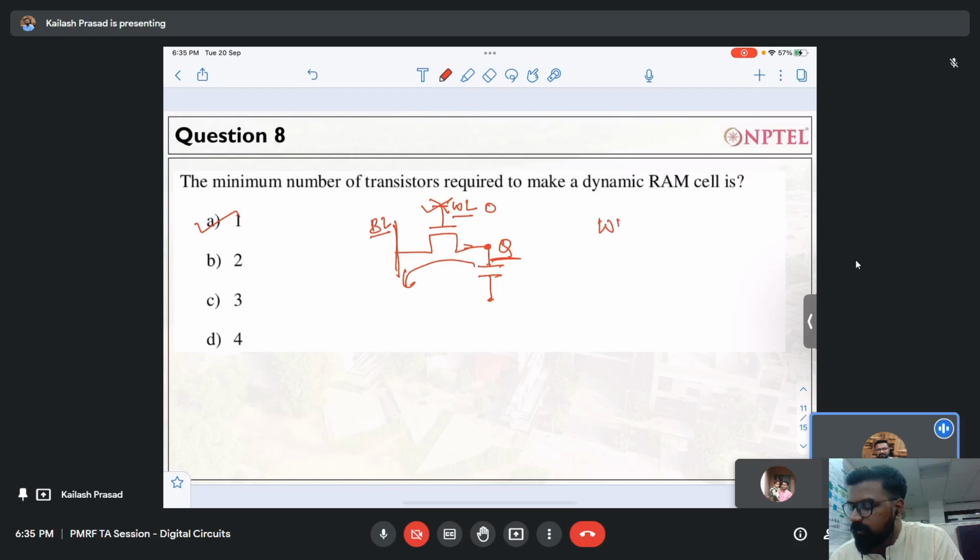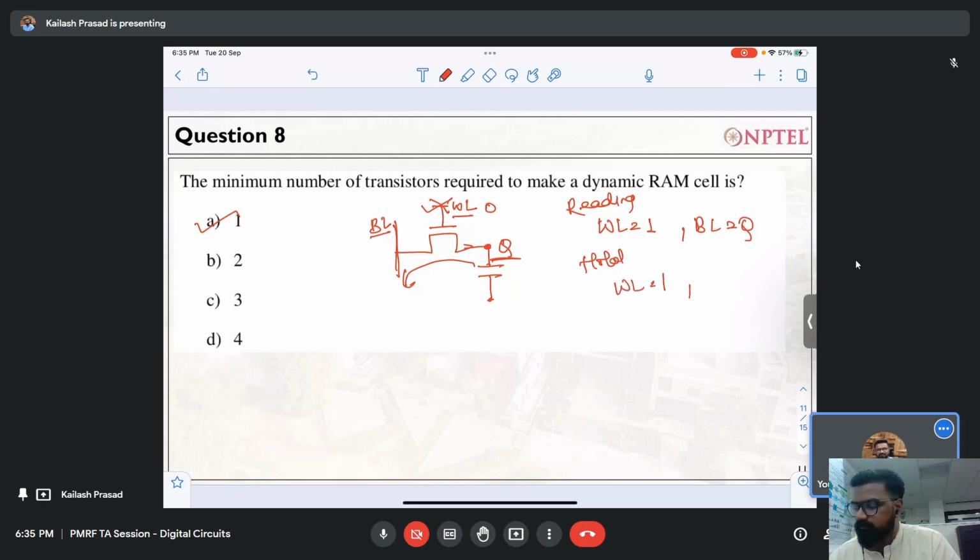At WL equal to 1, BL is equal to Q. If you want to write, again WL equal to 1, and whatever you have on BL will go to Q, so Q equal to BL.